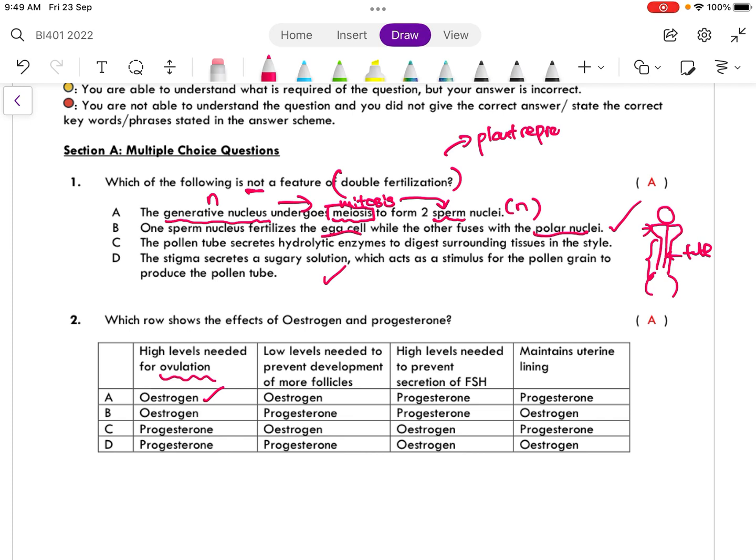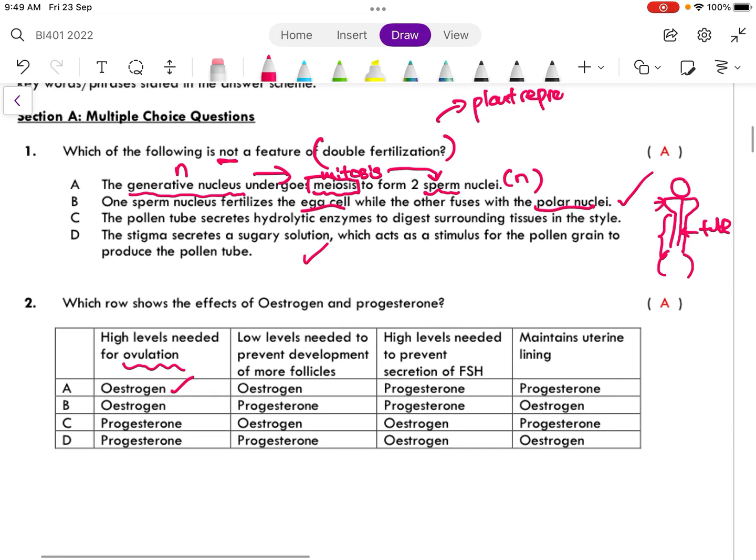So it seems counterintuitive, but actually they employ different pathways. That's why estrogen at low levels can result in negative inhibition, at high levels can result in positive feedback. High levels needed to prevent secretion of FSH.